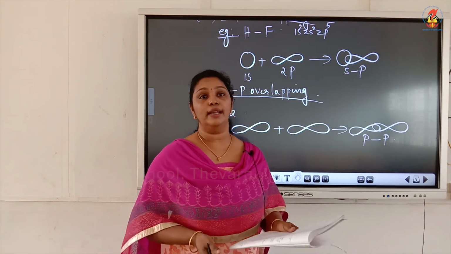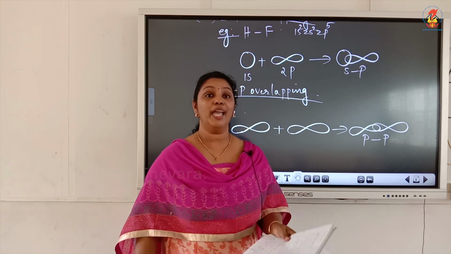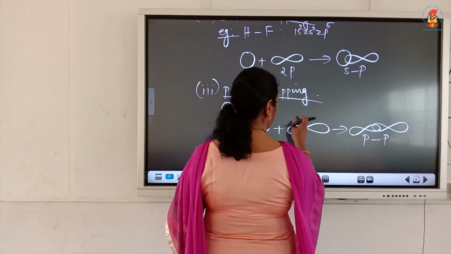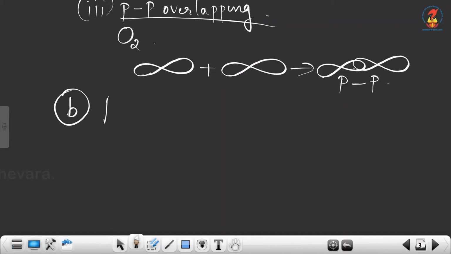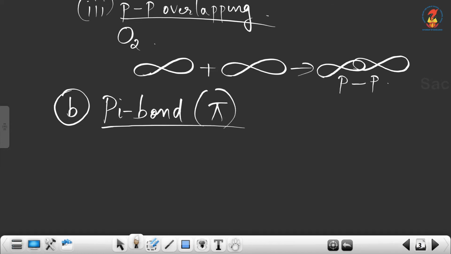Now, the second type of covalent bond is called pi bond, and it is denoted as pi bond. Now, how is it formed?